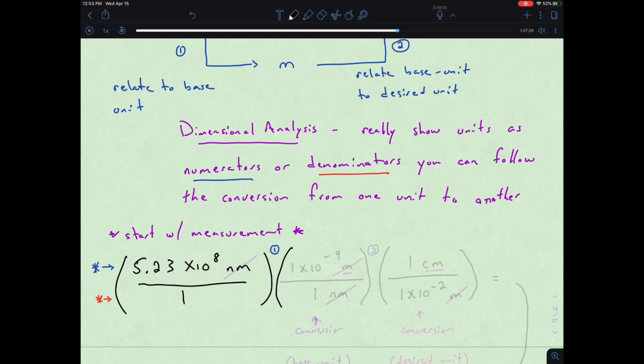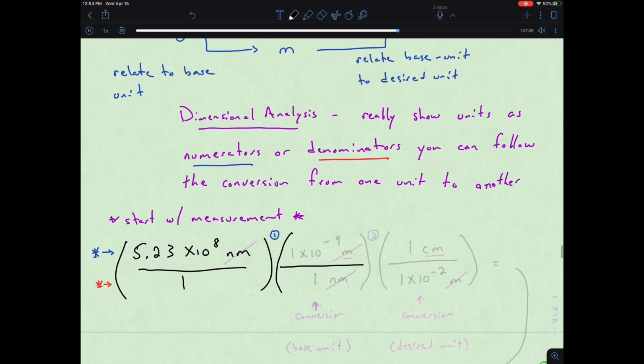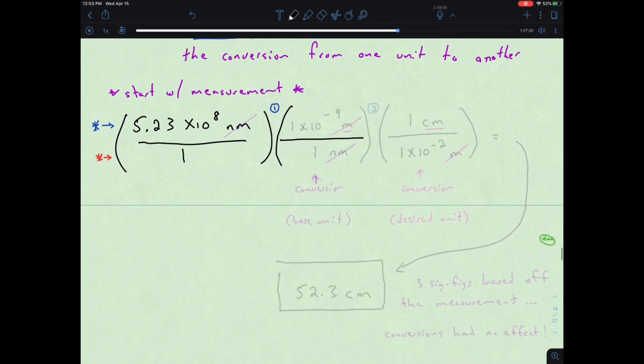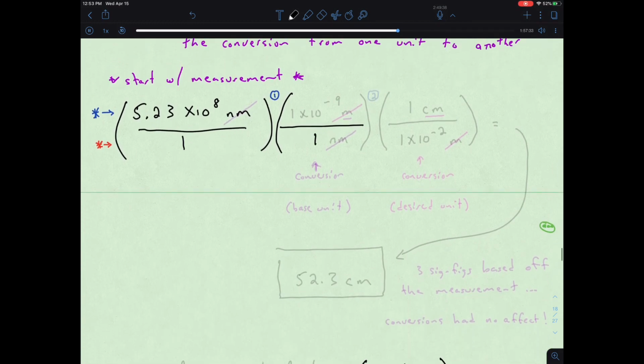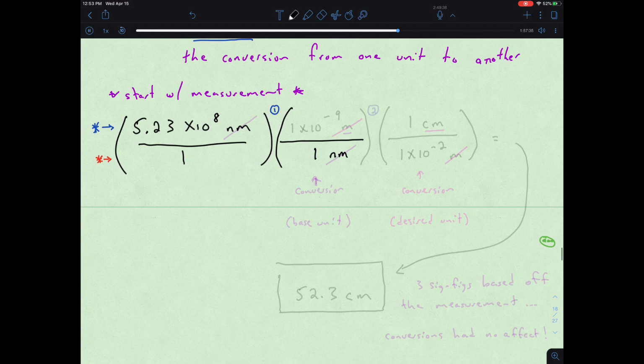And if we look up our conversions, we would find that for every 1 nanometer, there's 1 times 10 to the negative 9th meters.